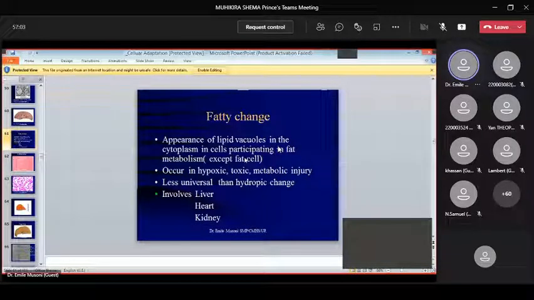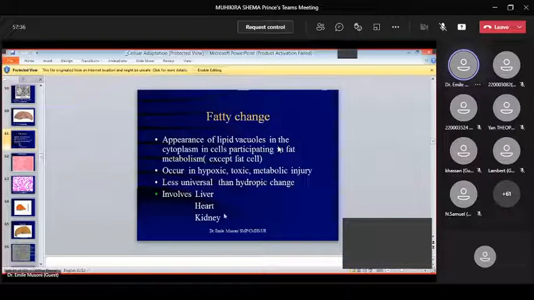Another one is fatty change. If you remember the story of the hepatocyte, there is appearance of lipid vacuoles in the cytoplasm, instead of participating in fat metabolism. It is found everywhere except in fat cells. It occurs in toxic and metabolic injury. It involves, most of the time, the liver, heart, and kidney.